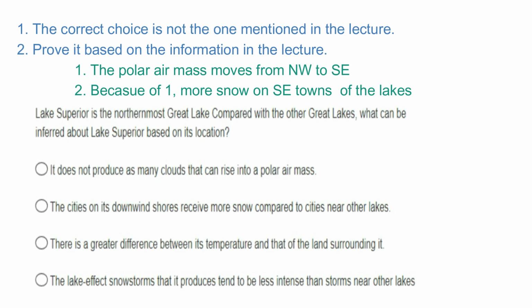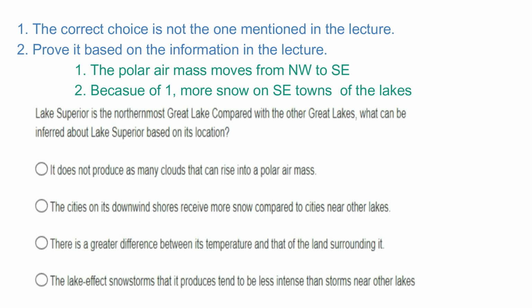B makes a comparison. When a comparison is made, make sure you understand what is being compared. A wrong comparison is often used as a trap in TOEFL reading and listening questions. From 1 and 2, we can infer that cities downward Lake Superior will receive more snow than cities on the northern part of Lake Superior.